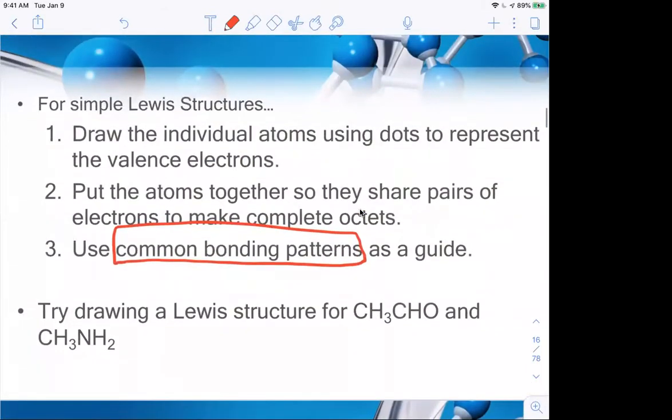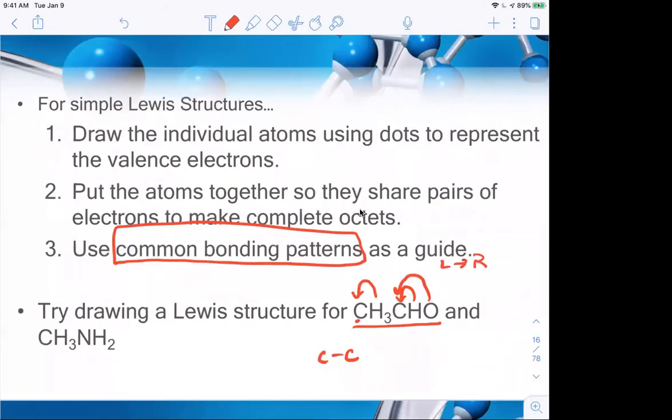Now, this is what I mean by looking at a structure and sort of reading it in organic. This is saying those hydrogens, because they're to the right of that carbon, are attached to the carbon. And then I have another carbon where the hydrogen and the oxygen are attached to that carbon. I'm actually reading from left to right.